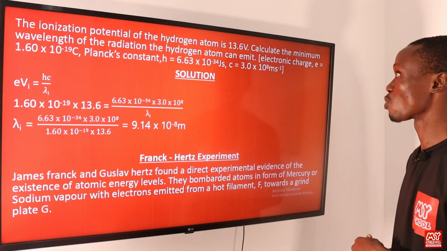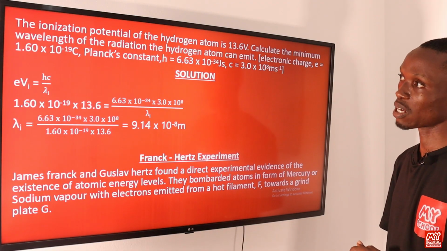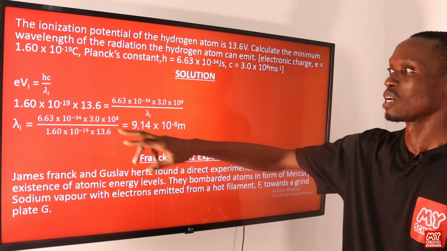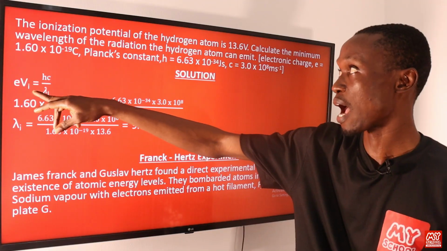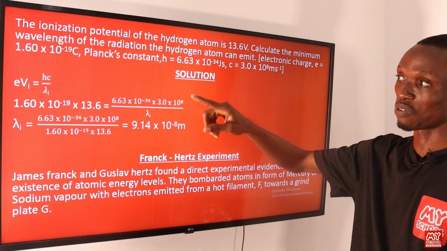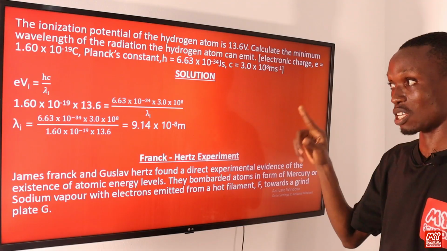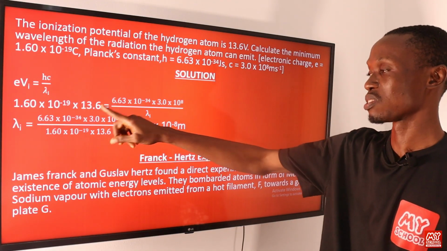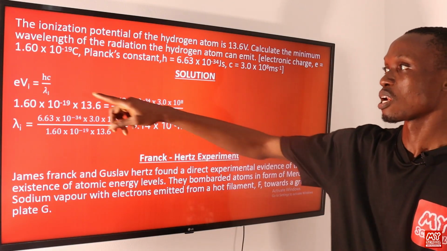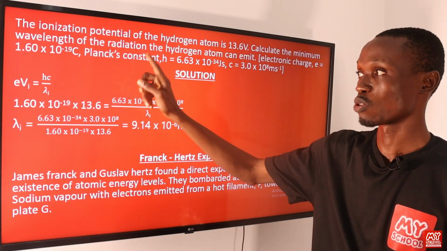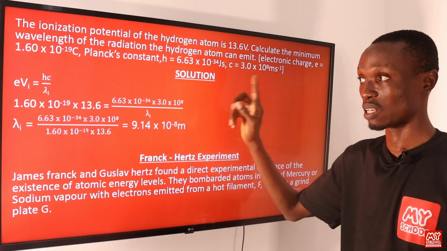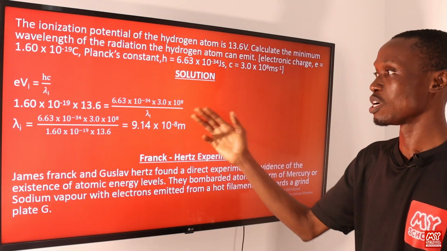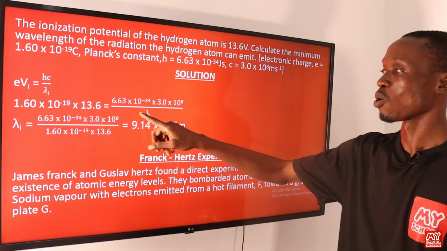We are given e to be 1.60 times 10 raised to power minus 19 coulombs, so in place of e we replace it with that figure, times V_i, which is given to us. Mind you, V_i is the ionization potential of the hydrogen, given as 13.6. So here we fix 13.6, and that will be equal to hc. We are given h and c in this question, so the only thing missing, which is what we are calculating for, is the ionization wavelength.